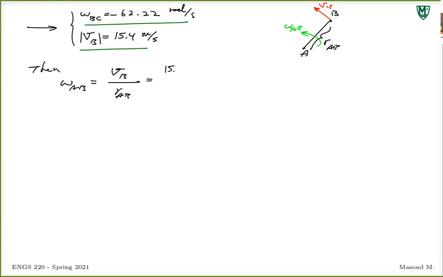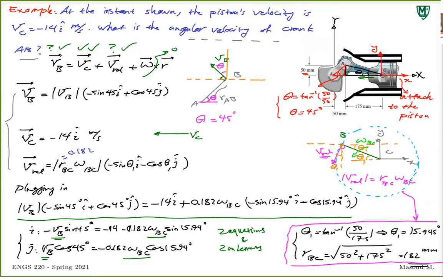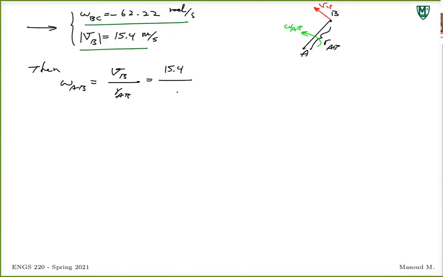VB is 15.4 meter per second, and we found it. RAB is in this red triangle, right? RAB is the hypotenuse of this right triangle, which is a square, which means it's the square root of 50 squared plus 50 squared.